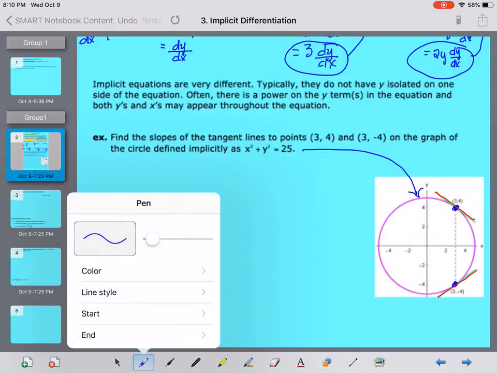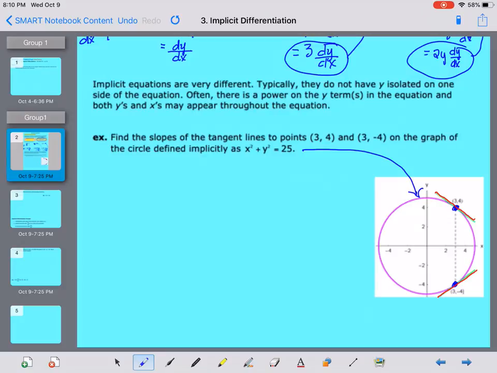So if I wanted to find the slope, find the derivative, I would have to use what we call implicit differentiation. What's going to change is we're going to take the derivative of everything from left to right. Every single term is going to involve a derivative of that term. If I take the derivative of that x squared, we know that to be 2x.